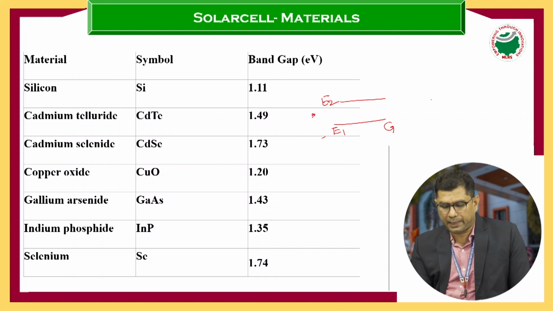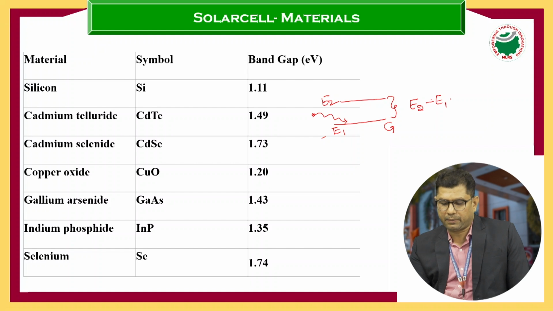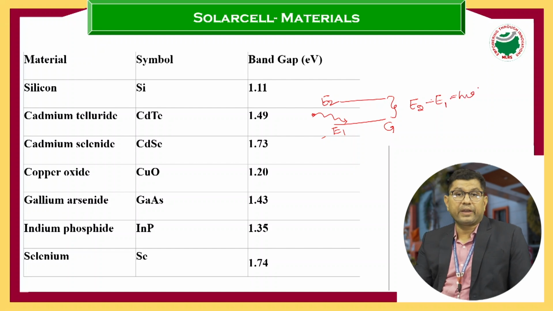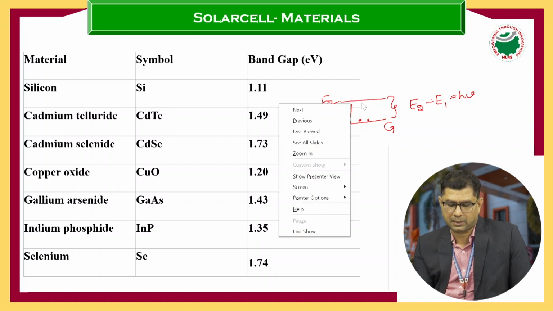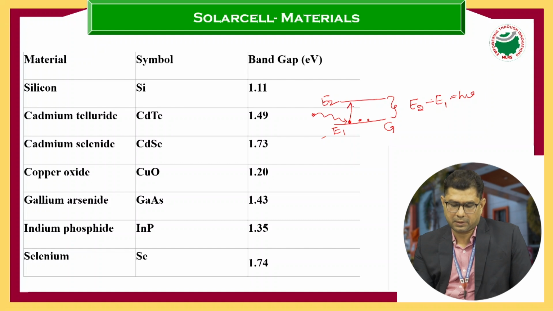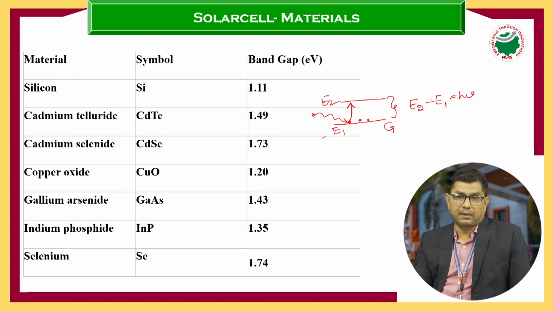Whenever we supply an energy equal to the difference of these two levels, E2 minus E1, roughly h nu, the electrons in the ground level absorb the energy and are excited to the higher energy level. The electrons move from the first level to the next level. This process is called absorption.